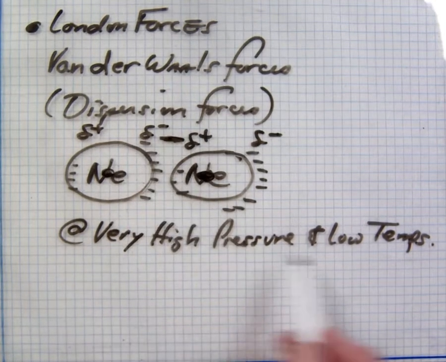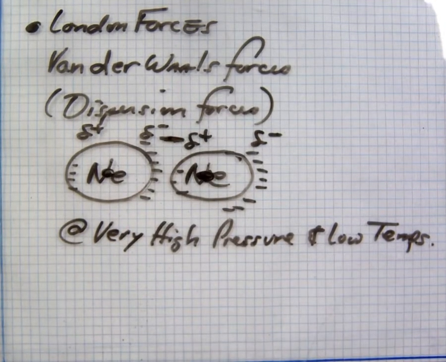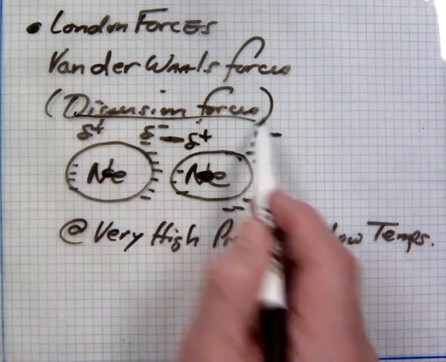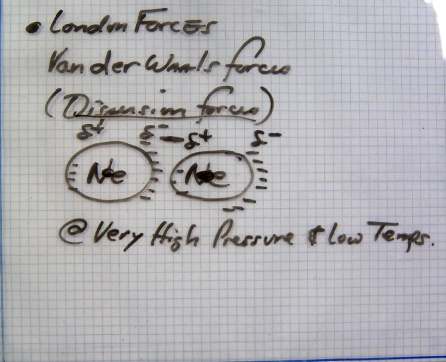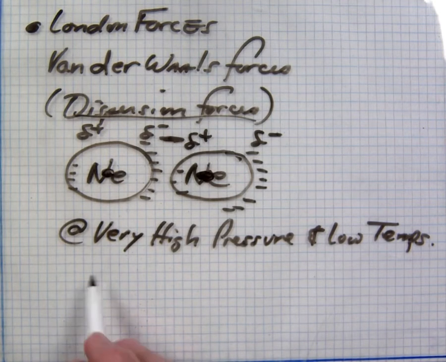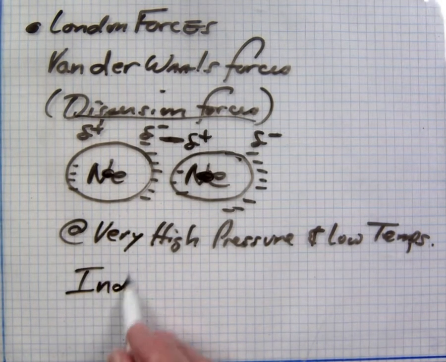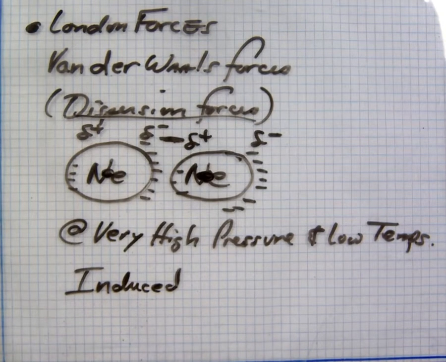So at very high pressure and very low temperatures, systems which are non-polar come together by dispersion effect, or dispersion forces. They exist, but we have to maintain the high pressure and extremely low temperatures for a non-polar system. It is also called an induced dipole. Induced means it's forced.